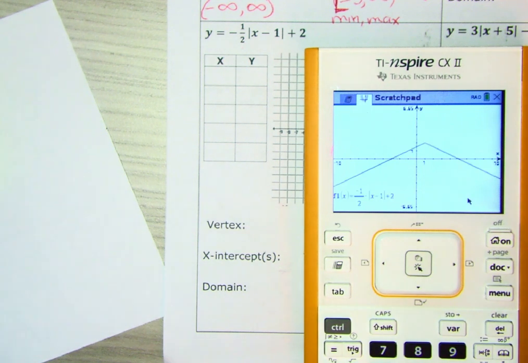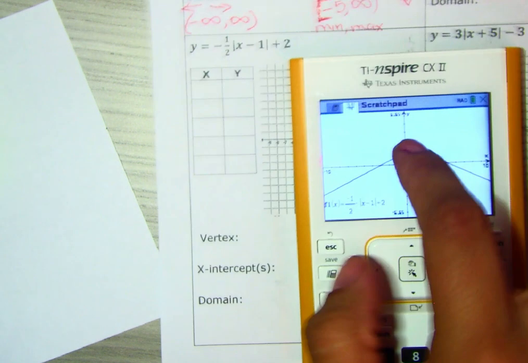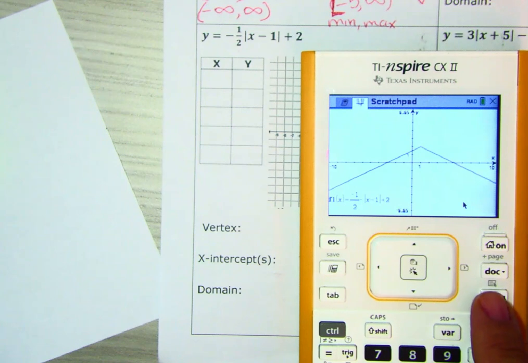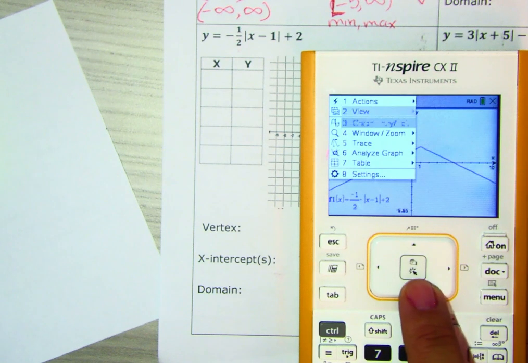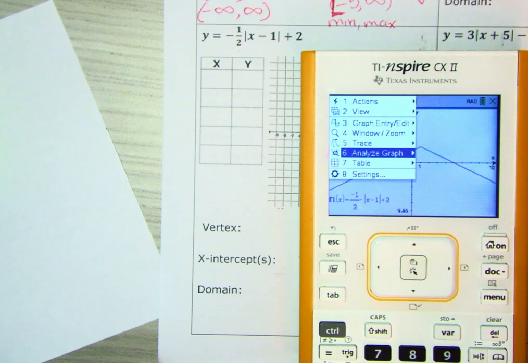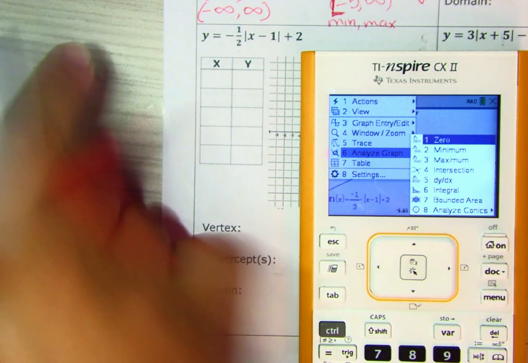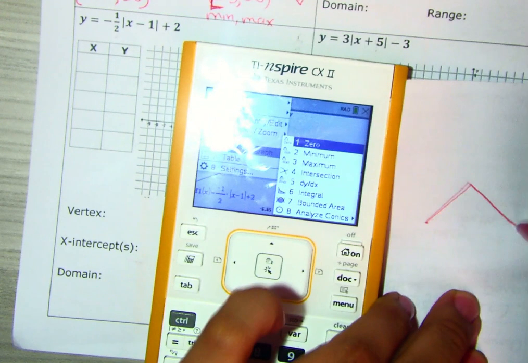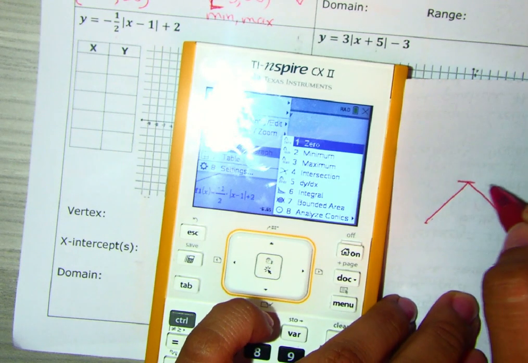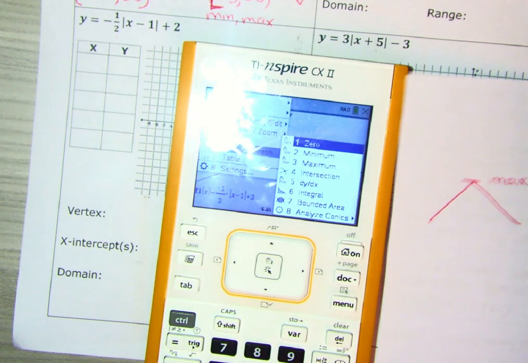So here is that graph, and we can also find that turning point by analyzing the graph. If you remember from Algebra 1, you can go to Menu, then Analyze, and it's not going to say vertex, but it will say minimum or maximum. If your graph looks like this, you're going to have a highest value, so that's a max.